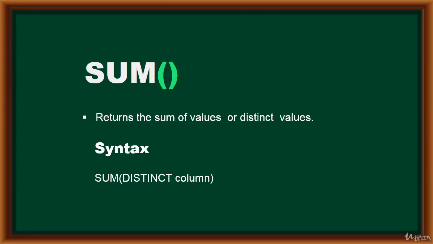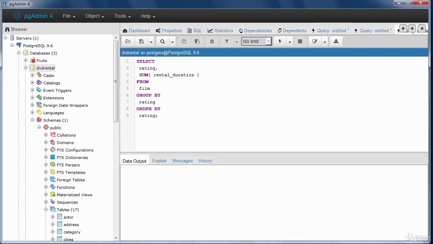When you're using the sum aggregate function, it ignores null values. It means the null values are not considered in the calculation when using the sum function. A null value is a value that is unknown. You don't know the value. That's why it's referred to as a null value.